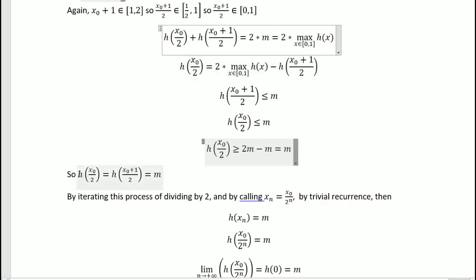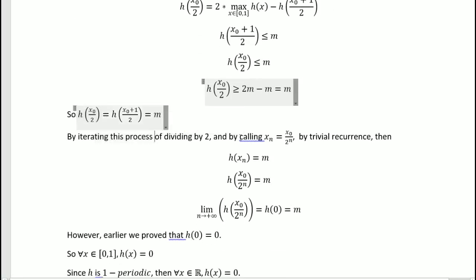So we get that h of x0 over 2 is equal to m. So I do the same process by calling x n equals x0 over 2 to the power n. So I just divide this by 2 again, so it will be x0 over 4.